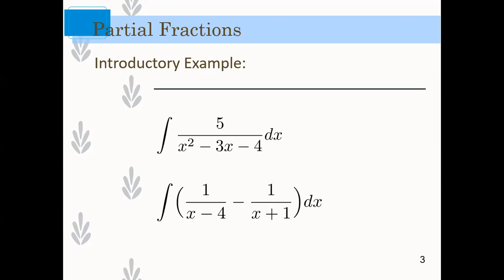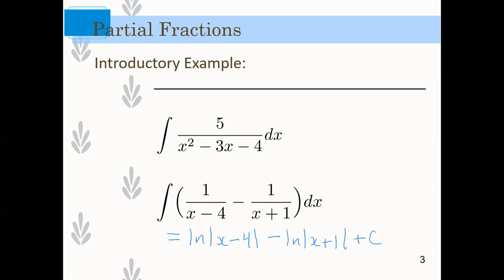Okay, so let's see here. So this is equal to the natural logarithm of what? Absolute value x minus 4 minus natural logarithm of absolute value of x plus 1. Which, by the way, if I really wanted to be extra cute with this thing, I could say, well, that's just the natural logarithm, absolute value of what?